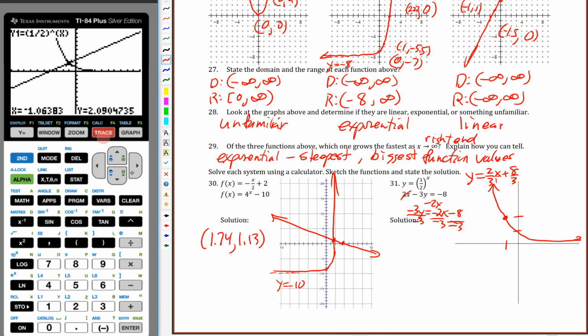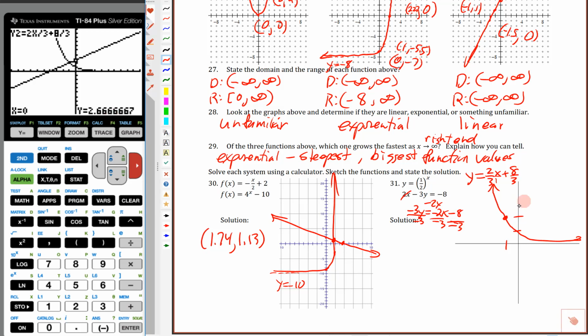So I'm going to hit trace, and we're on the exponential. Now I hit the down arrow or the up arrow, and we're going to be on the other one. Now it crosses at 2.6 repeated. So that's 2 2/3. That's that 8/3 there. Okay, so it's going to be about right here. So this is what it would look like.